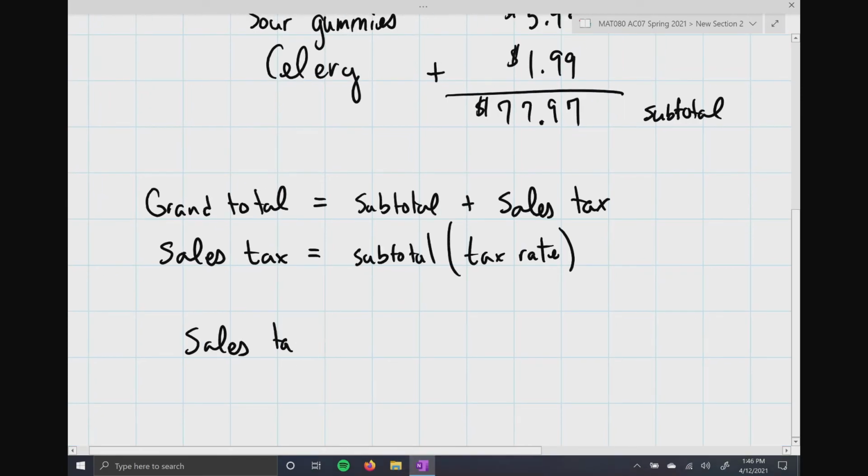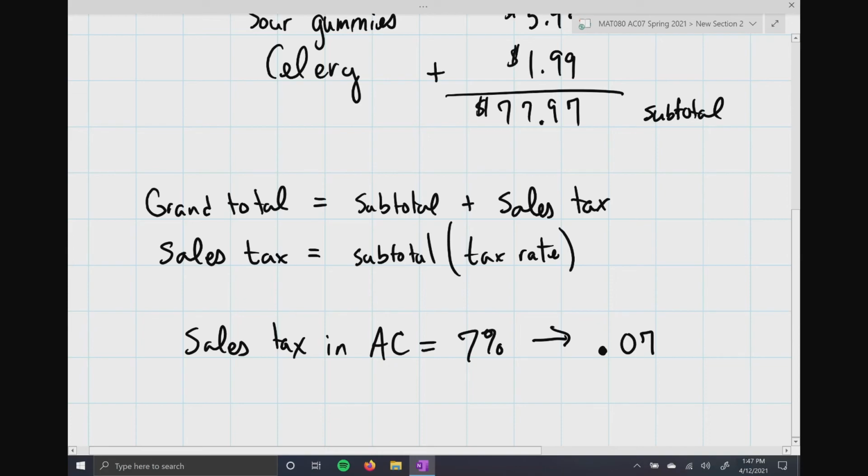So the sales tax, remember, in Allegheny County equals 7%. Now, if you recall from the previous section from last week, we never ever use percents in our multiplication. So we always have to convert that to a decimal.